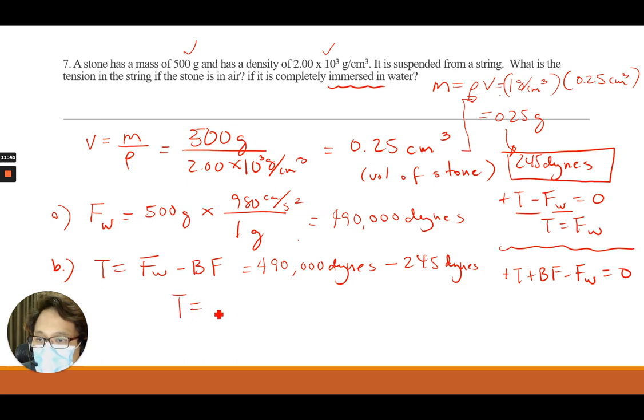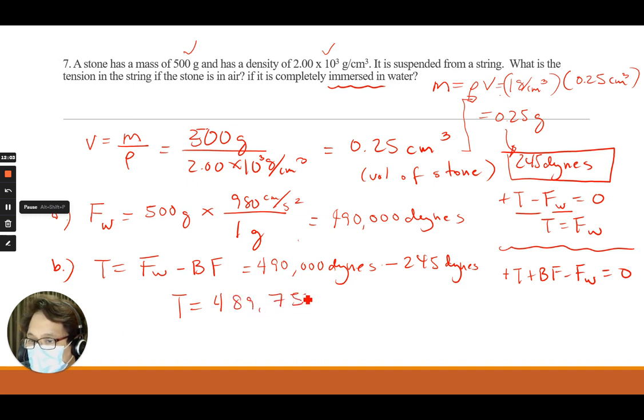The tension that would be felt. Liit lang, 490,000 dynes. Okay, let us see. And the answer that you are going to get is 489,755 dynes. I think, please try this question out.